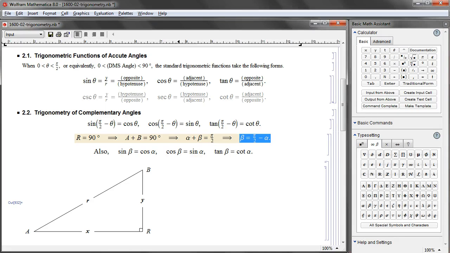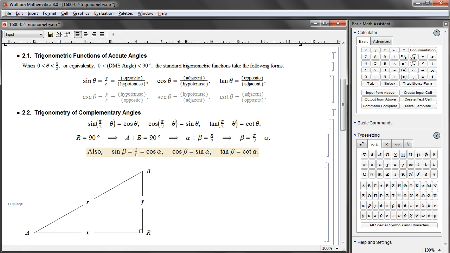And then let's look at this. If you take B as your standard angle, then what is sine of B? Sine of B is opposite over hypotenuse, isn't it? And opposite for B is x, and then hypotenuse is, of course, r. And that's equal to cosine of alpha, because with respect to point A, x is adjacent.